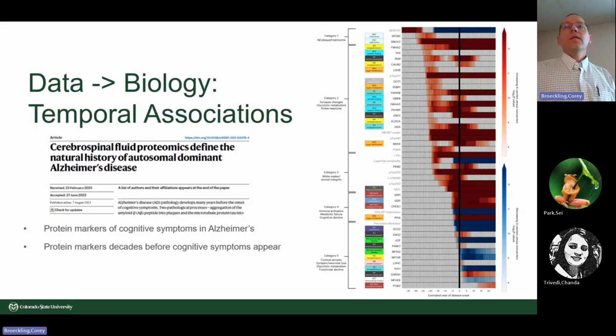This is another temporal type study, where you had to take into account, you can just barely see in the tiny font on the bottom of that figure, the estimated year of disease onset, that big black line going up and down. By incorporating that time component, they can see that these are not only good protein biomarkers of current disease, but potentially prognostic, showing the development of the disease in advance of the clinical symptoms.